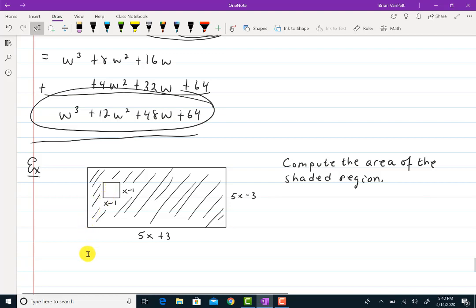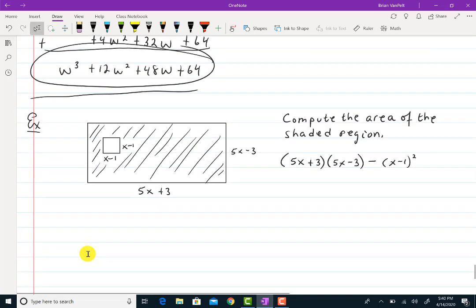So what I'm looking at doing here is 5x plus 3 base times height, that's the area of the outer rectangle, minus x minus 1 squared, that's the area of the square inside of it. So when I subtract out that blank spot, that will give me the area of the shaded region.